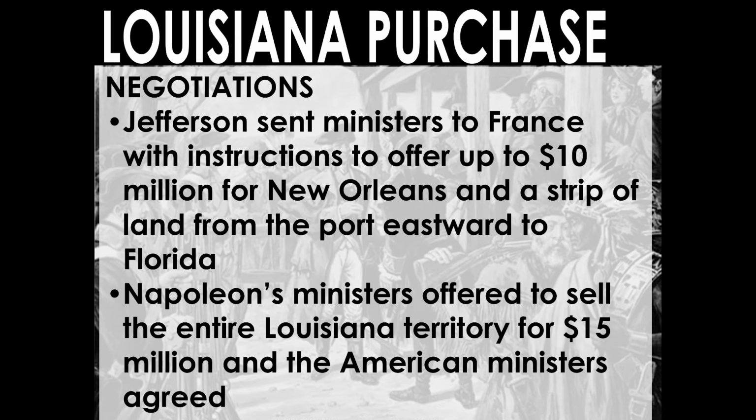And if Napoleon gets rid of this Louisiana territory, then he doesn't really have to worry about Britain's naval force, right? So it was in the best interest of Napoleon to get rid of this Louisiana territory. So I guess both sides, both the United States and France, kind of benefited from the buying and selling of this Louisiana territory.